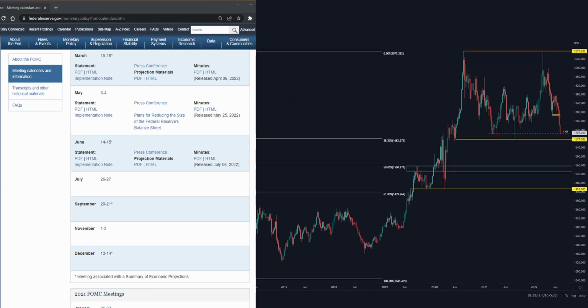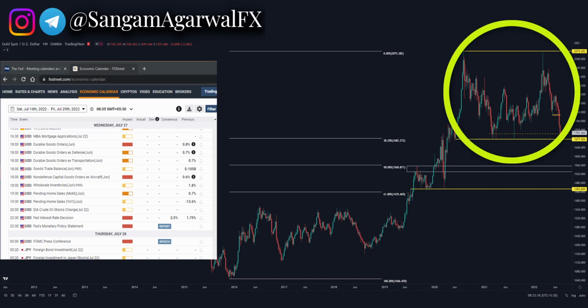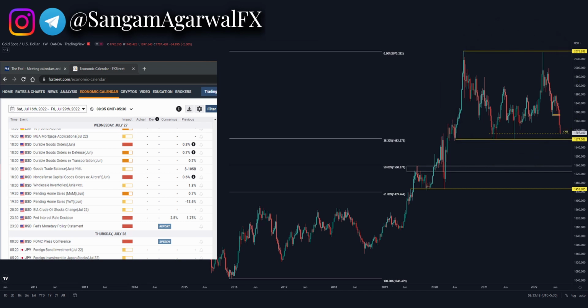So the only important news is this FOMC and what the Fed says in its press conference, and you have these weekly support and resistance. The retest and breakout of these supports depend on what happens after the rate hike and press conference.